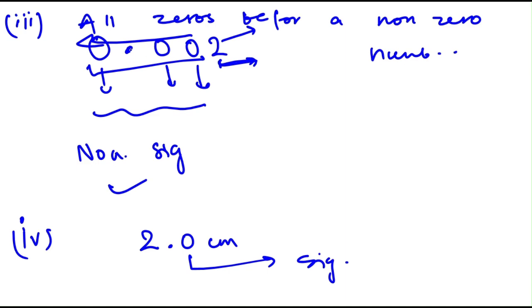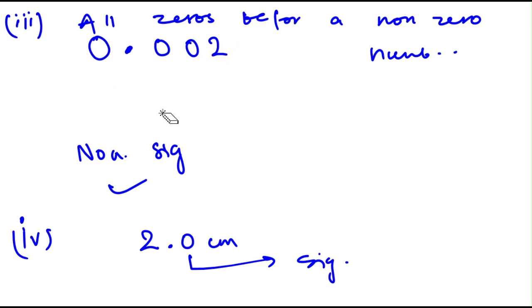Here is also a decimal, but before this 2, all digits are zeros, and there is no other non-zero digit, so those are insignificant. But here, we have reported the value 2.0 centimeters, and this 0 is a significant figure.